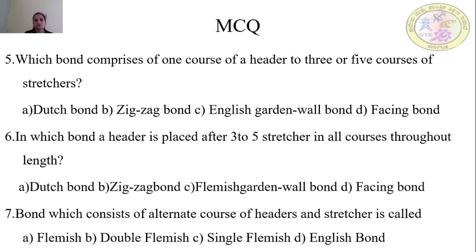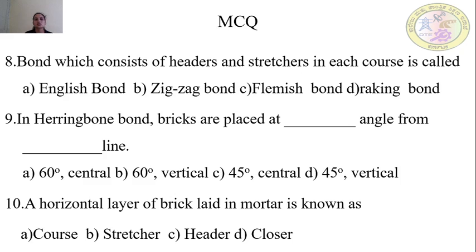Which bond comprises one course of a header to 3 to 5 courses of stretchers? It is English garden wall bond.